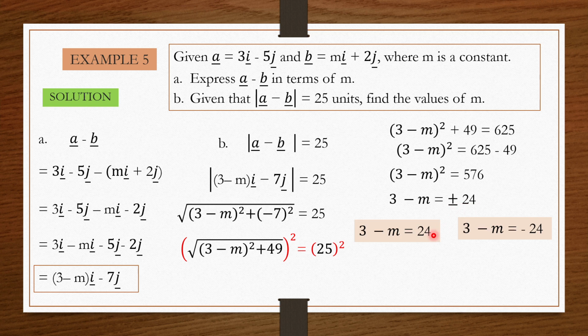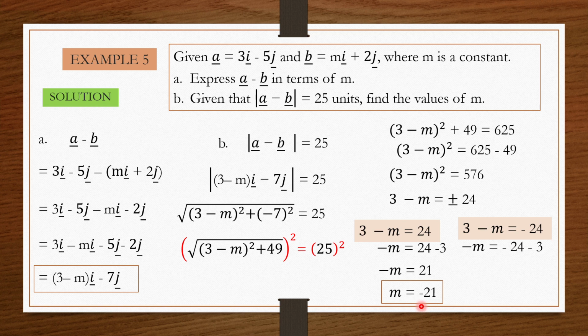Next, I'm going to break this into two equations. So the first equation will be 3 minus m equals 24 and the other equation will be 3 minus m equals negative 24. Here you have to simplify the equations. So negative m equals 24 minus 3, negative m equals 21. So final answer m equals negative 21.